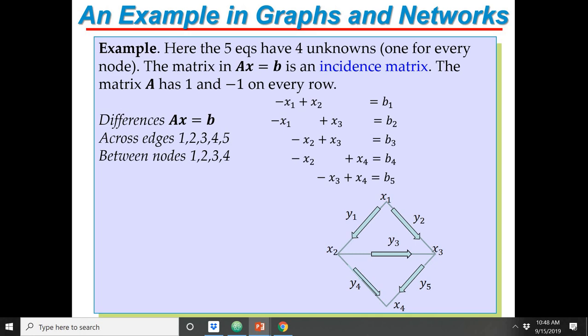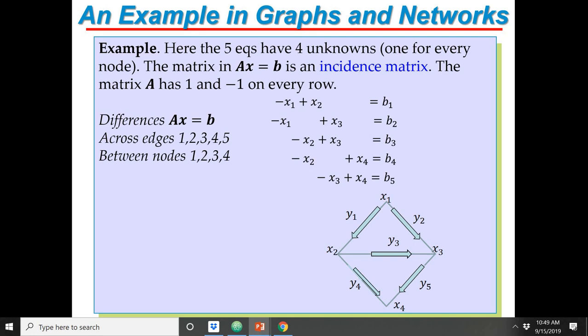So the matrix A, as you can see from the equation to the right, is basically a difference matrix. What it does is it takes differences between potentials. You can see the first row is x2 minus x1, second x3 minus x1, x3 minus x2, etc. So effectively, the difference matrix computes the differences in the potentials.